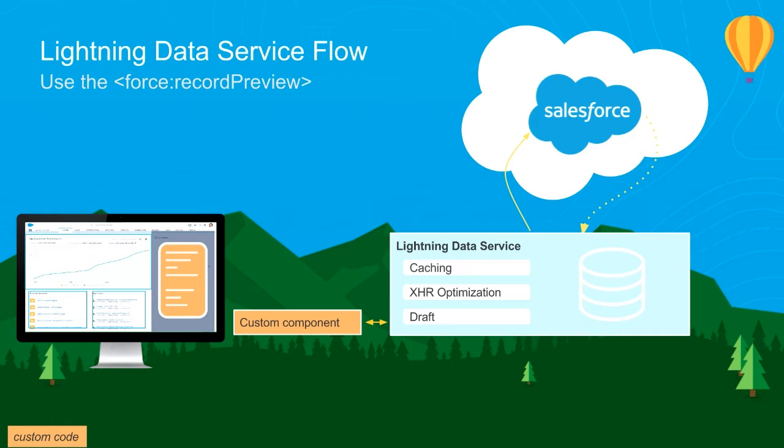If someone is requesting 5 fields and another person is requesting, say, the full layout, and another the compact layout and so forth, we really combine that as a single operation when we load that record. And because of caching, and actually Lightning Data Service is the foundation on which our offline capabilities are built, we also have the ability to deal with drafts.